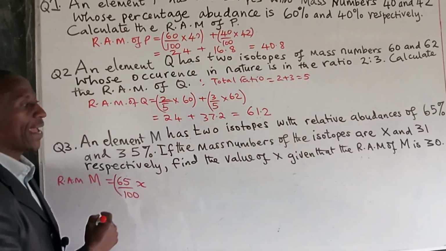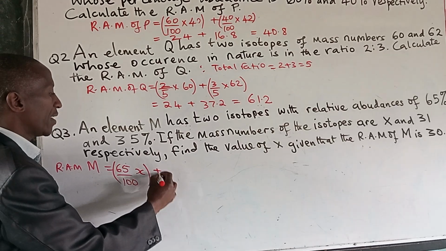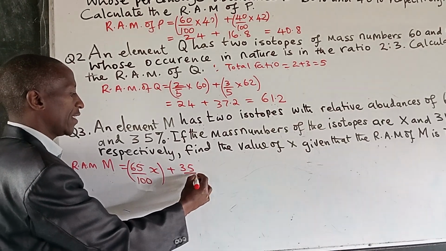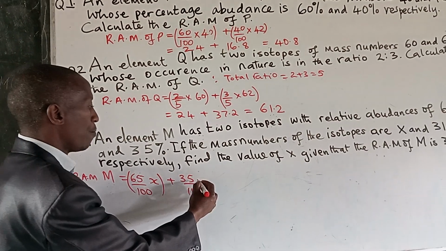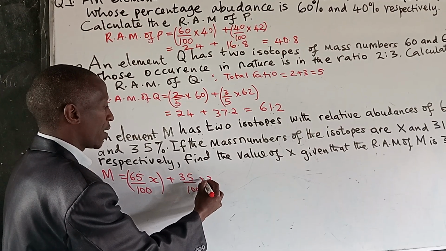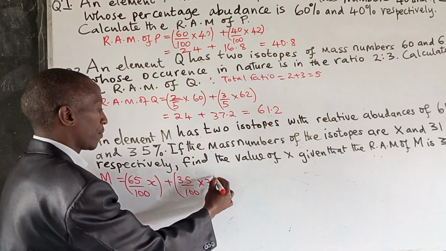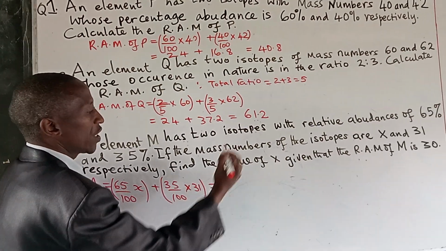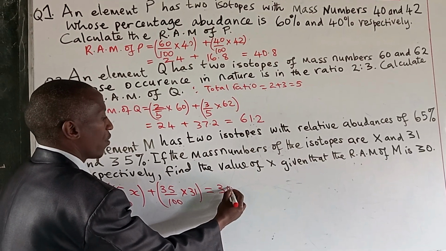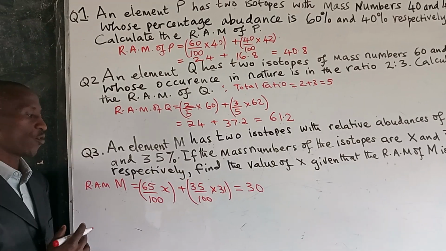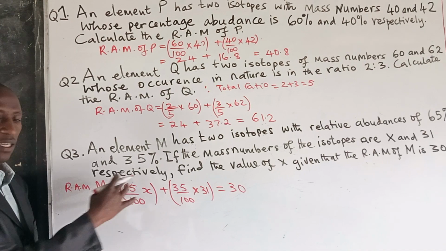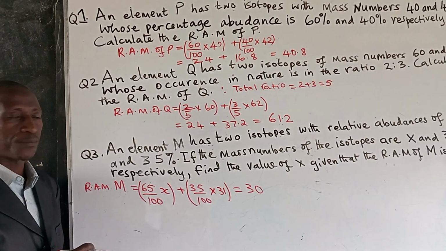We take X, and add that to 35%, the second abundance in terms of percentage, multiplied by 31. And this should give us a value of 30. That is how we need to understand the question. The x is the unknown value here.